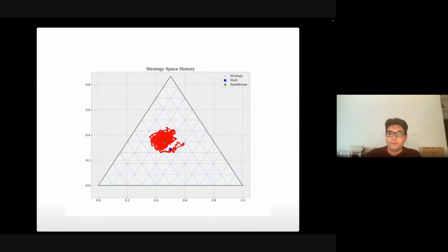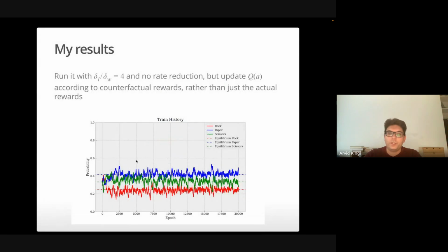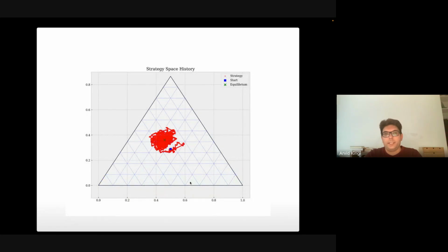Now, if I make delta actually smaller, so my update's even smaller, it becomes also a lot smoother. Then essentially the variance around the equilibrium point becomes less and less, and it smooths out. And you will see that the red cloud essentially moves closer to the true value.